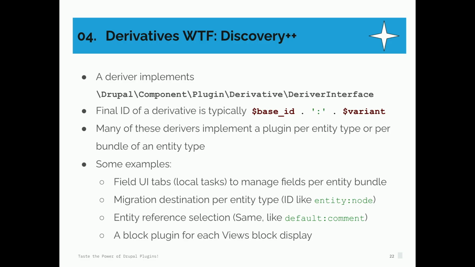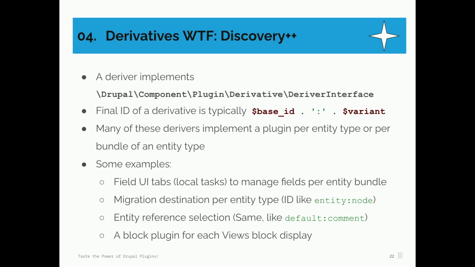So what's actually happening behind the scenes is that there's a derivative. For every node bundle, there's a derivative plugin that represents the tab on the page for that particular bundle to manage fields. That sounds a little complicated for what the end result is, but I think it's a good example of using this.